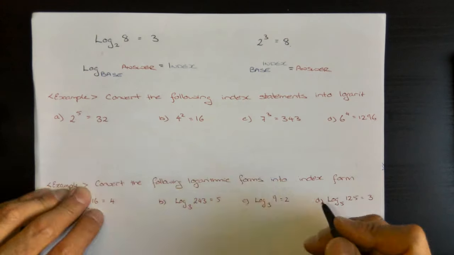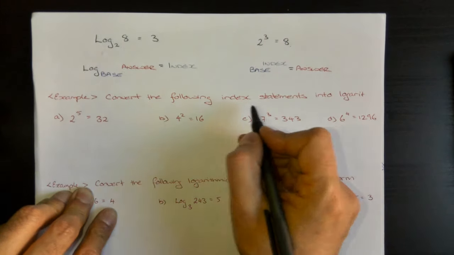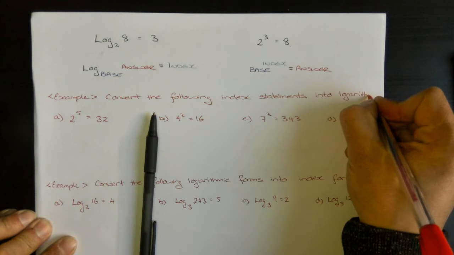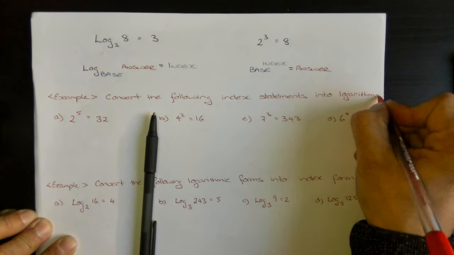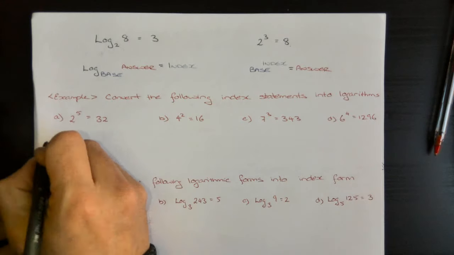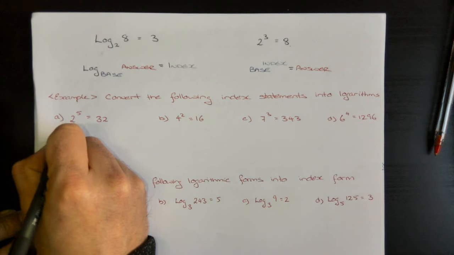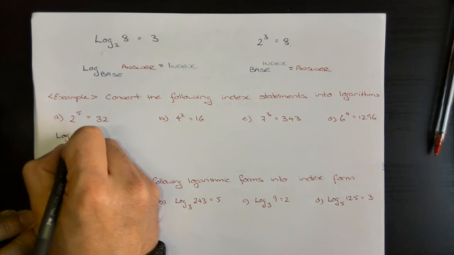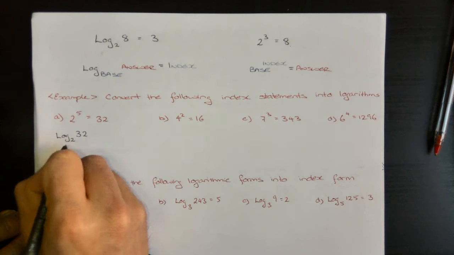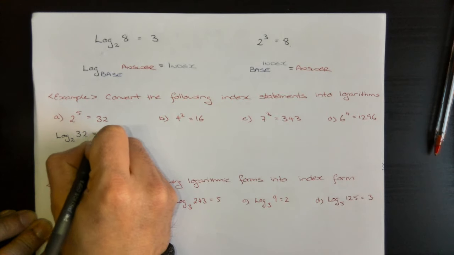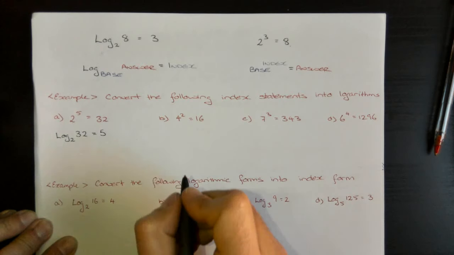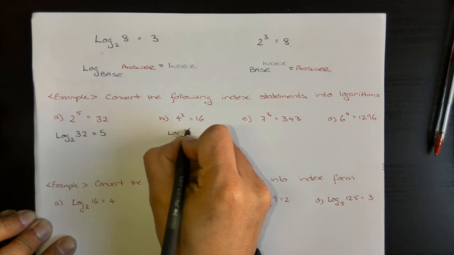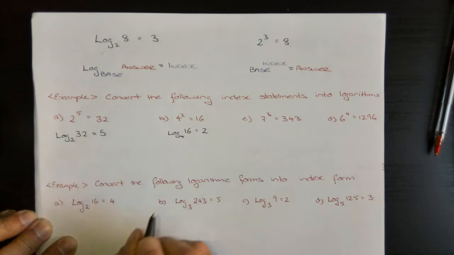Okay, so we want to convert the following indices into logarithms. Okay, so as I said, we go log, 2 is the base. Then we write the answer. So log 2 of 32 is equal to 5, the index. Yeah. So log 4 of 16 equals 2.